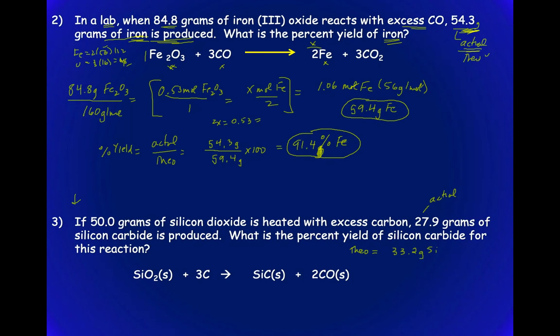That's what I'm going to theoretically produce. That would be my answer. And my percent yield in this case, which is what they're looking for, is going to be about 84%.